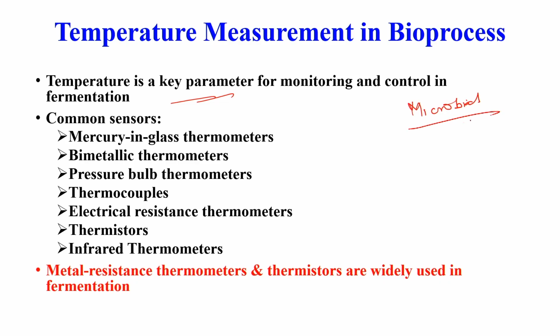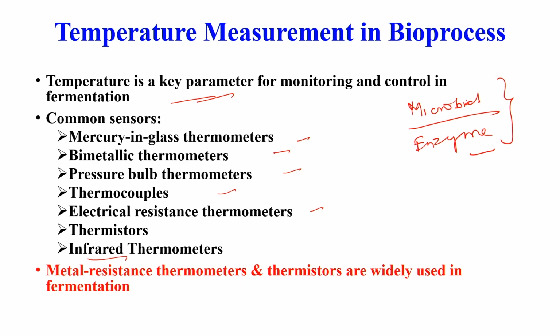When you go for a microbial system or enzyme system, both have an optimum temperature. So, how are we going to monitor this? Mercury in glass thermometer, bimetallic thermometer, pressure bulb thermometer, thermocouples, electric resistance thermometer, thermistors, and now we also have the infrared thermometer.